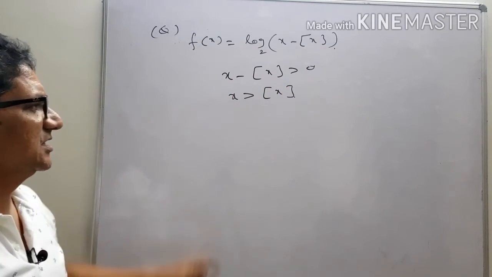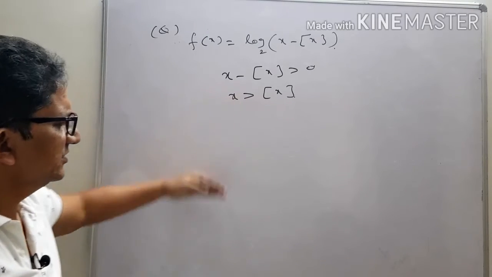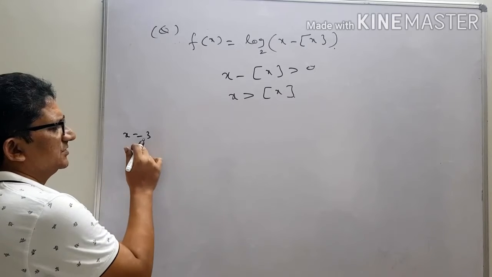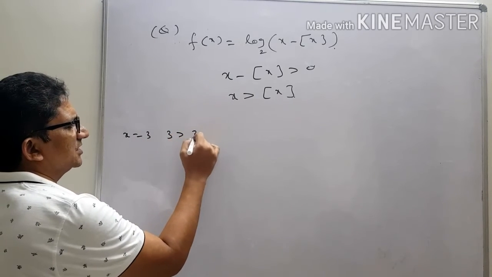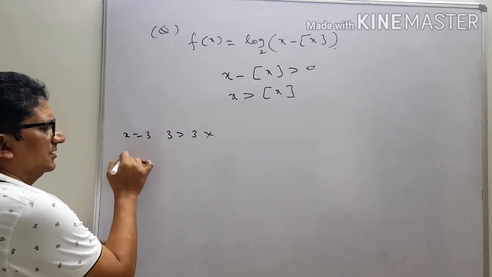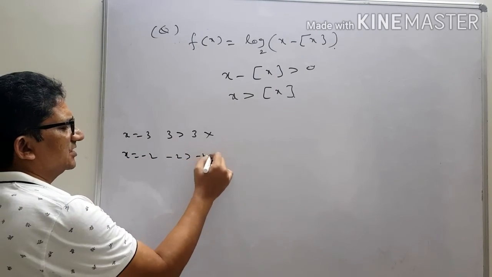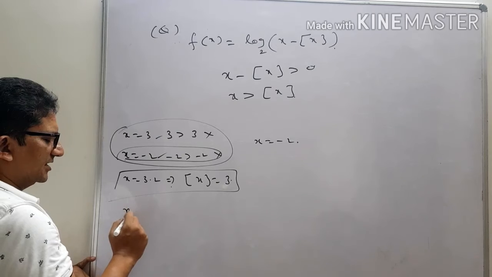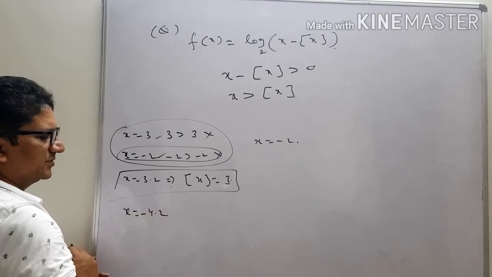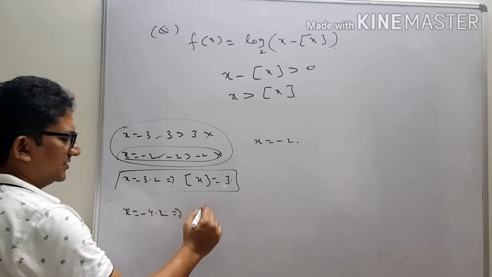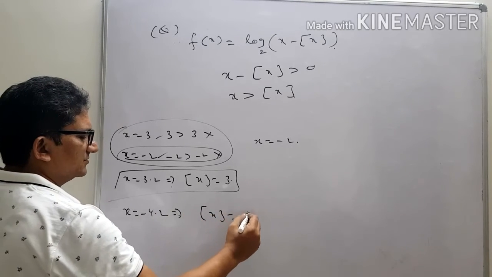So x is greater than step x, when is it possible? You can analyze by using examples. If I take integer 3, then 3 is greater than 3 is a false statement. If I take x equals minus 2, minus 2 is greater than minus 2, that is a false statement. We will take a negative real number also, minus 4.2. Step of x will be minus 5.